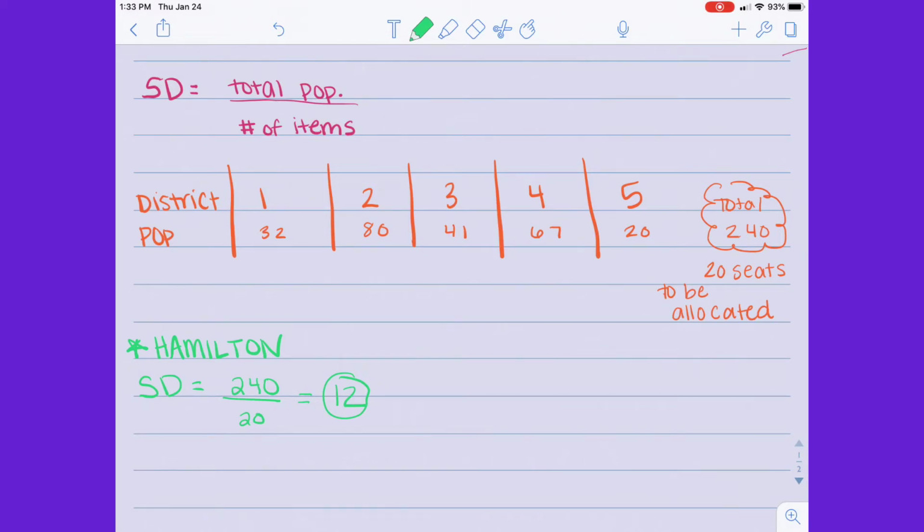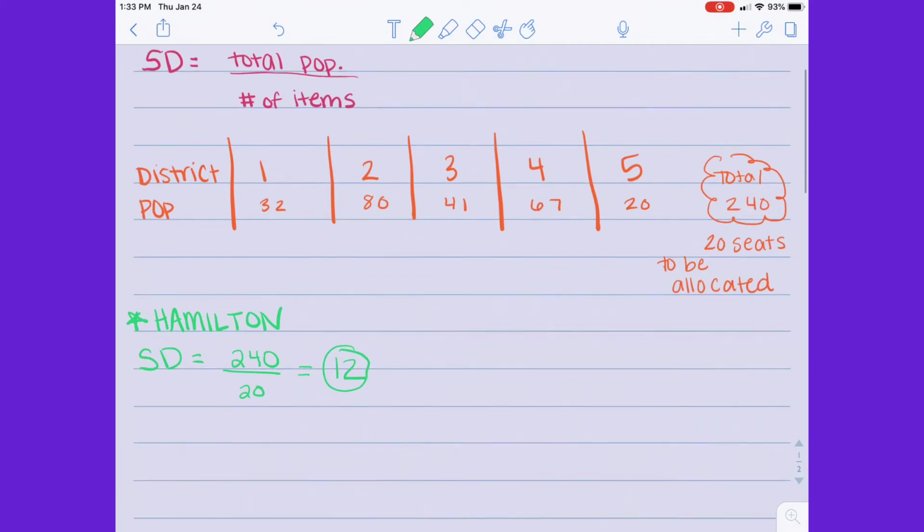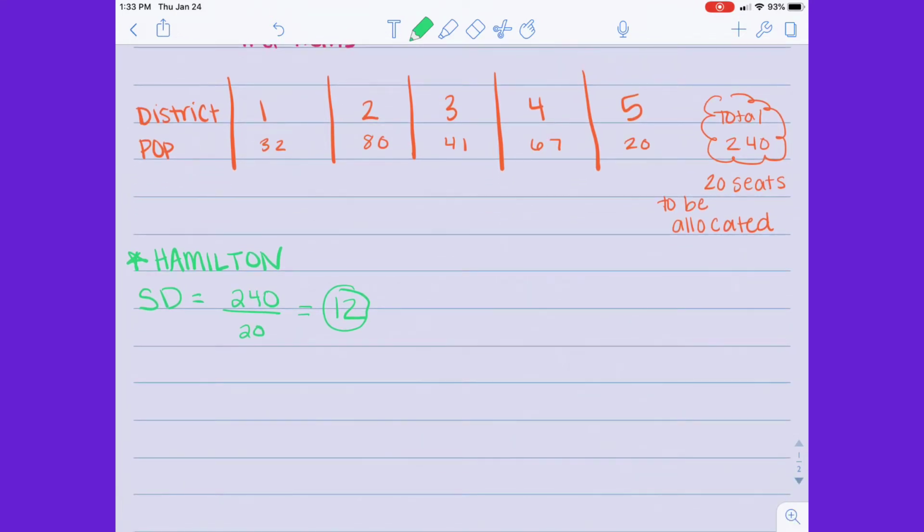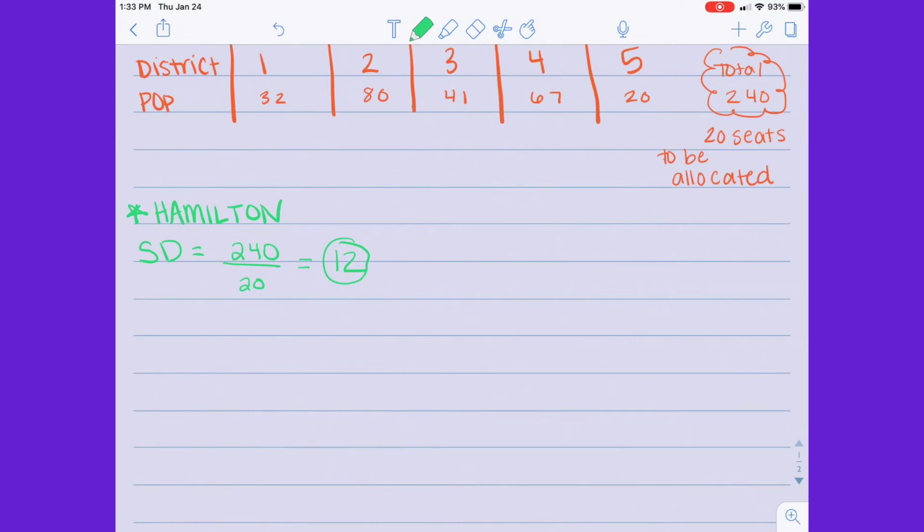Step 2. After we have our standard divisor, we are going to look for something called our standard quota. The way I'm going to do that is take each district.